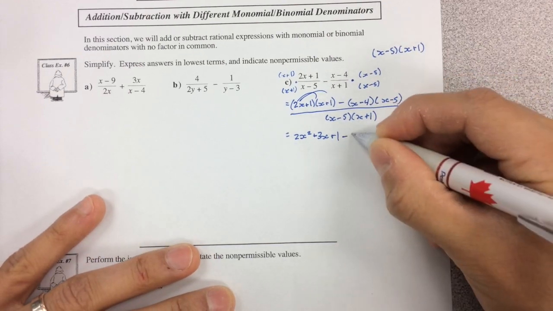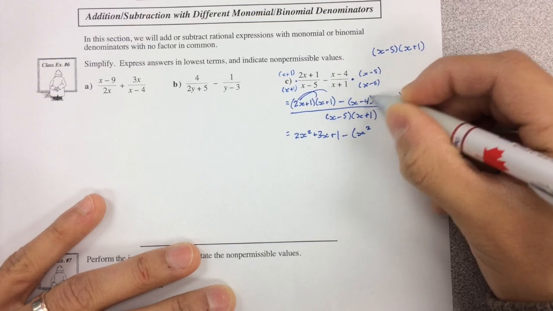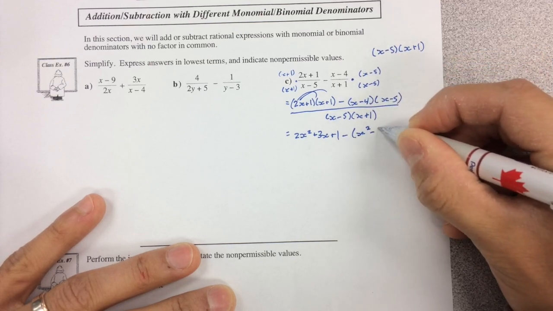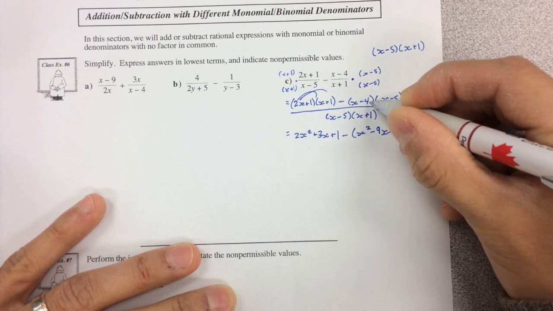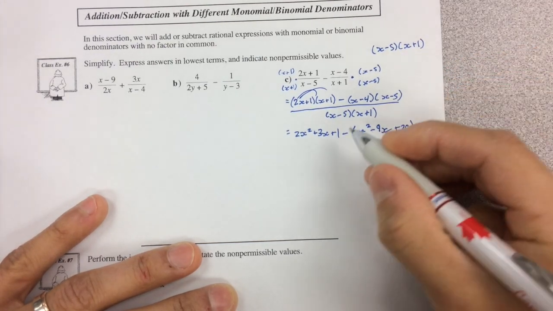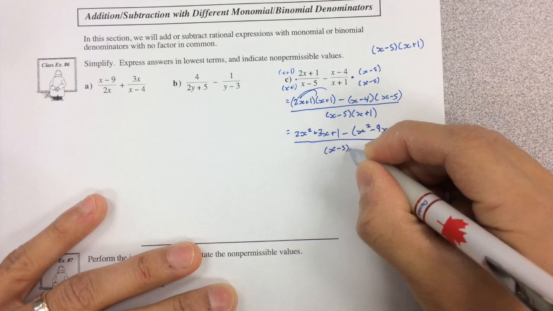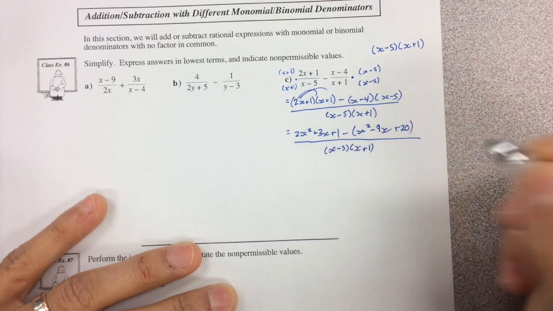And I'm going to subtract x squared minus 5x minus 4x will give me negative 9x. Negative 4, negative 5 will give me positive 20. All over x minus 5, x plus 1.